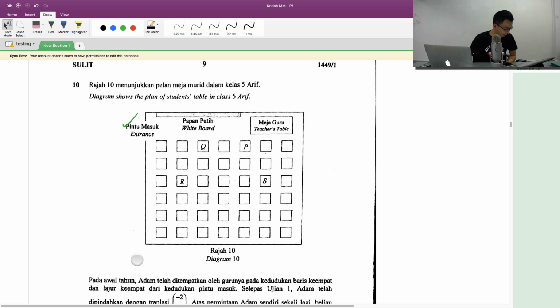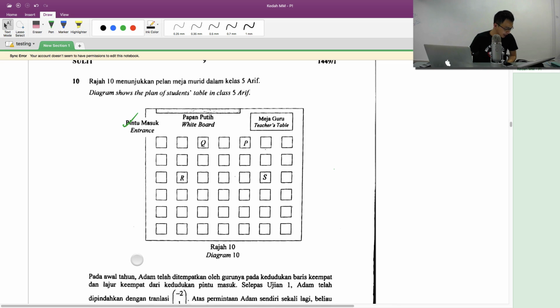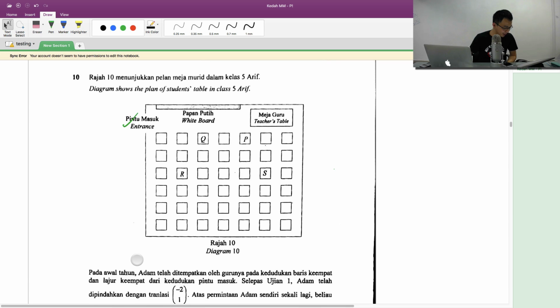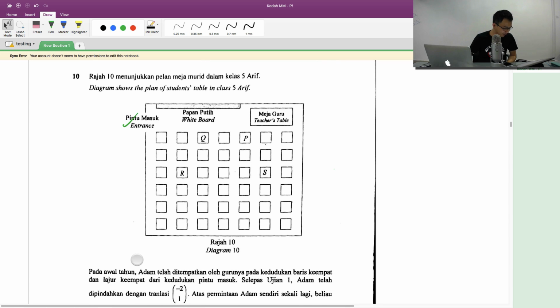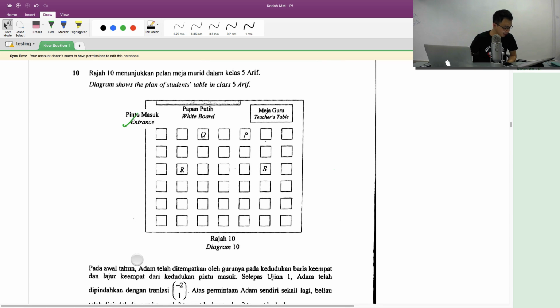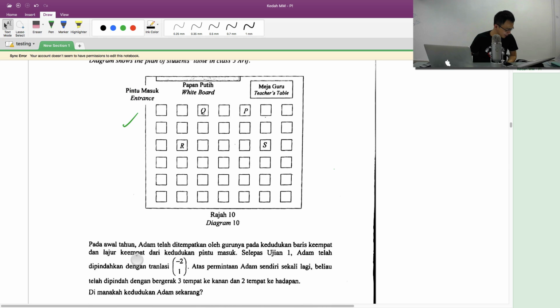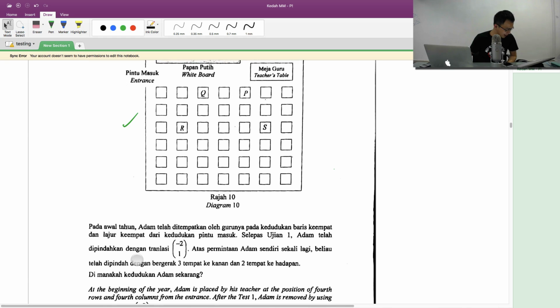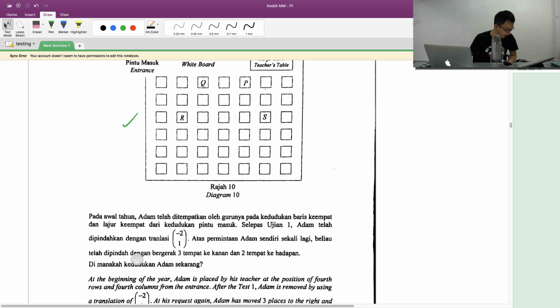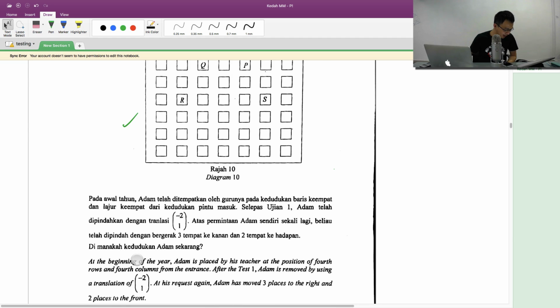Okay, this diagram shows the plans of student tables in class 5 Arif. I guess it's a class name. At the beginning of the year, Adam is placed by the teacher at the position of the fourth row and fourth column from the entrance.